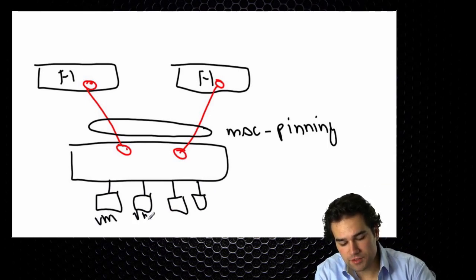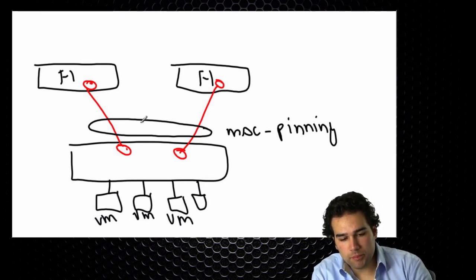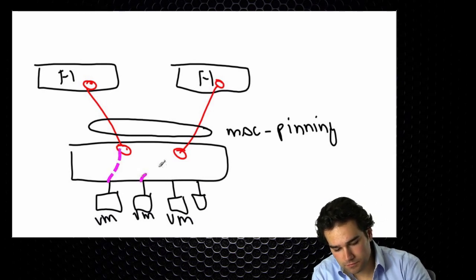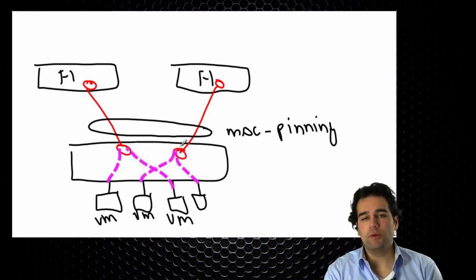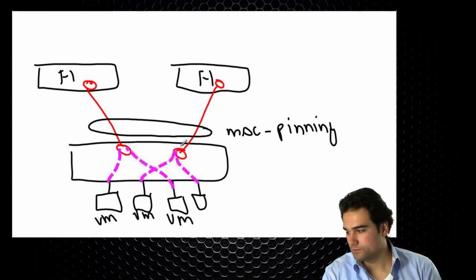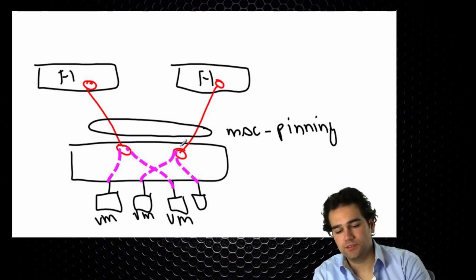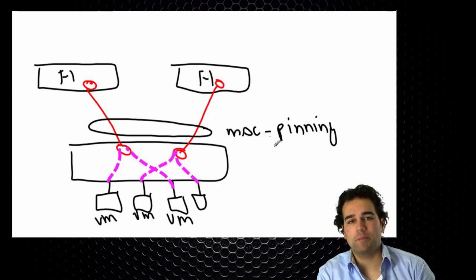I have my VMs, and each VM will be pinned to a certain uplink. And I will now load balance my VMs per link. That is the best practice for UCS. Use channel group mode on MAC pinning. That's the simplest way.